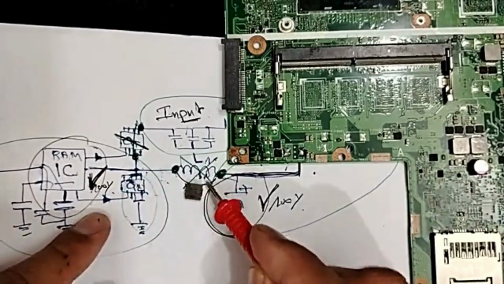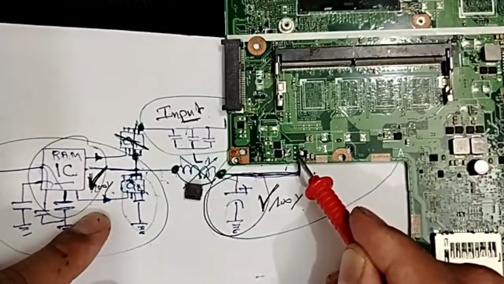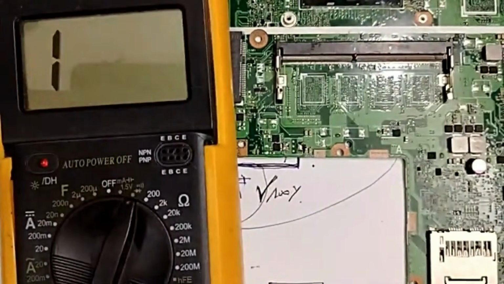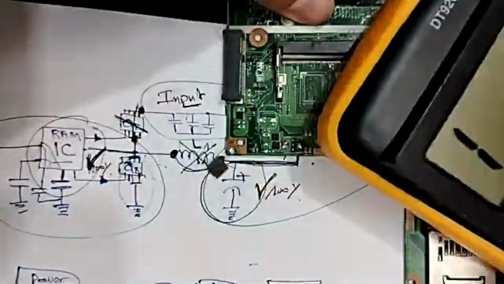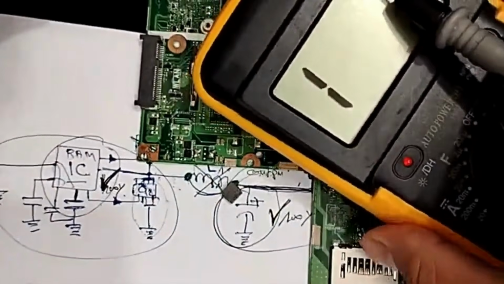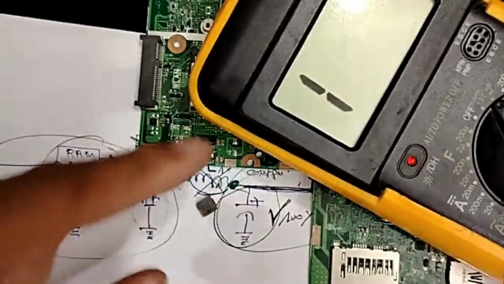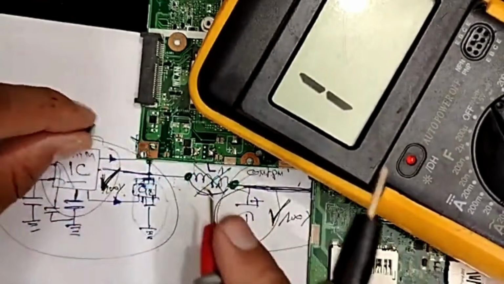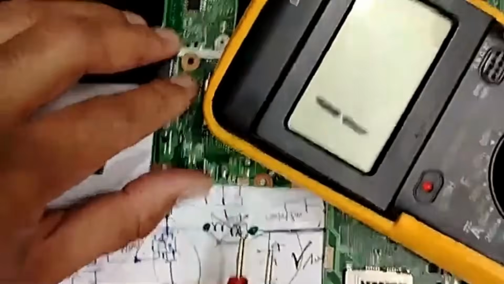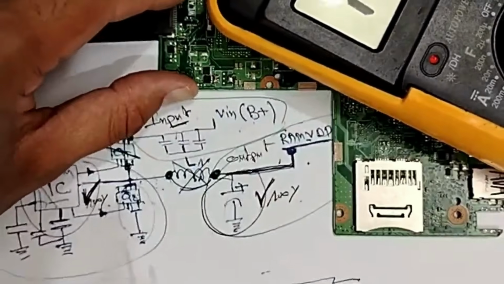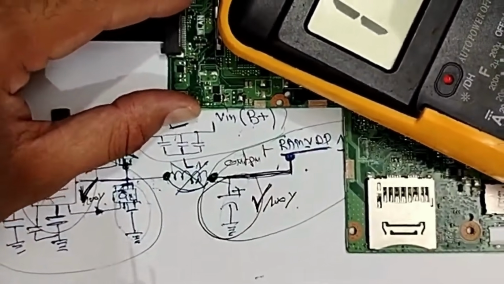Remove it here in the schematic, remove it here in the motherboard. Okay, the multimeter in the continuity option, and let's find the short. Is it in the output or in the input? I teach you, my friend, the process, not just removing the MOSFET. Now you will understand the schematic and the process of finding a short circuit.